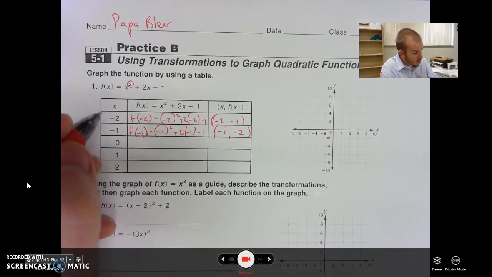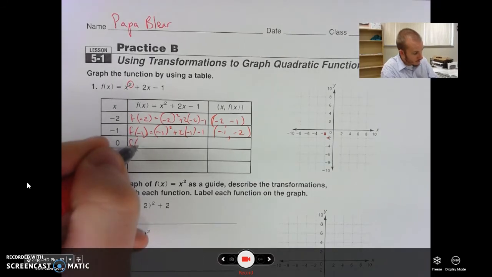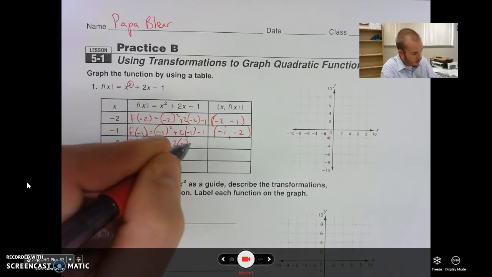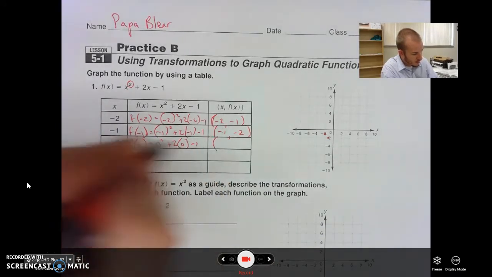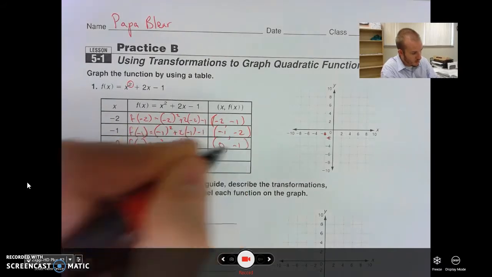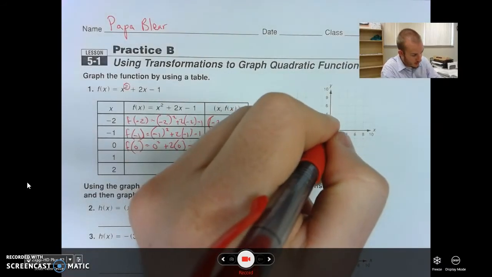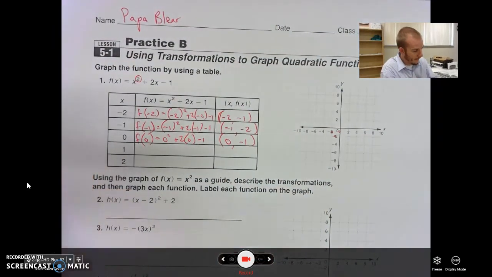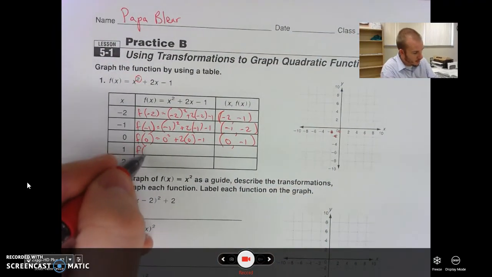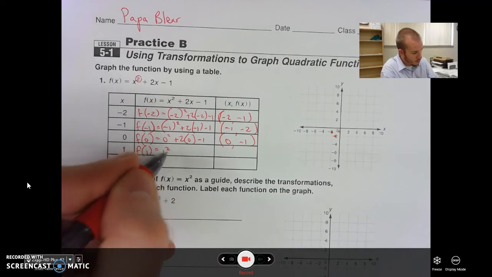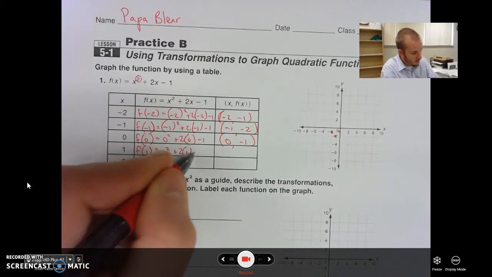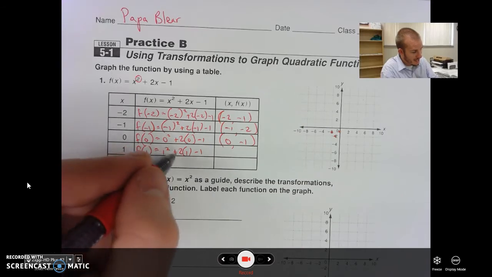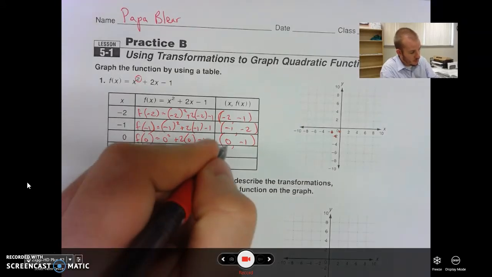And as we continue, f of 0 is going to become 0 squared plus 2 times 0 minus 1, so this is going to become 0 comma negative 1, and that's pretty easy. Then f of 1 is going to equal 1 squared plus 2 times 1 minus 1. 1 squared is 1, plus 2 times 1 is 3, minus 1 is 2.